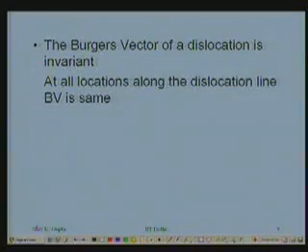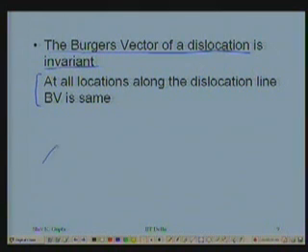We tried to work out the Burgers vector of the mixed dislocation line at two places, and we found that to be the same. So the Burgers vector of a dislocation line is invariant. It doesn't change with the location of the dislocation, whether it's a mixed dislocation or an edge dislocation, screw dislocation, it doesn't change. At all locations along this, it is the same.